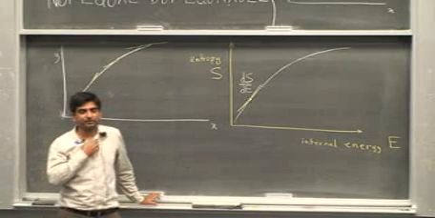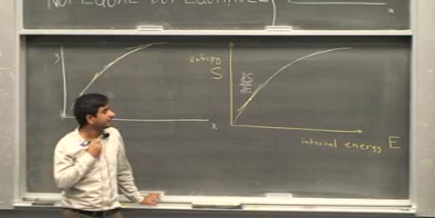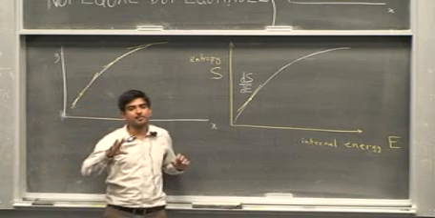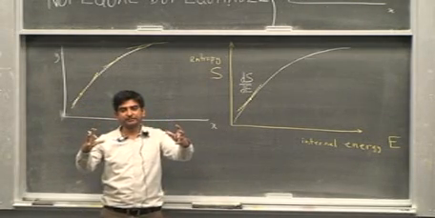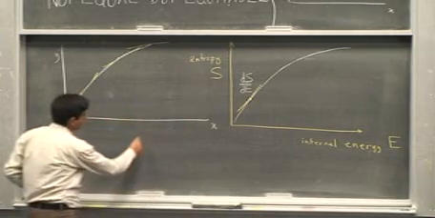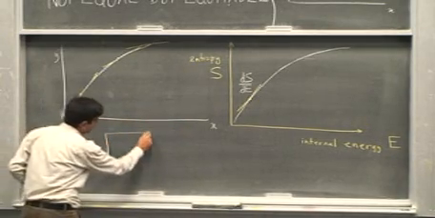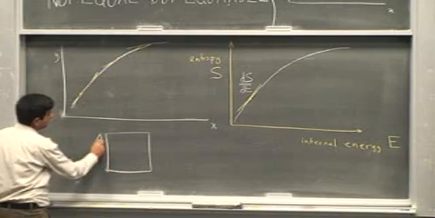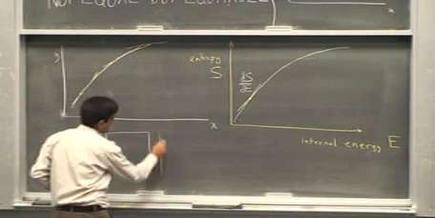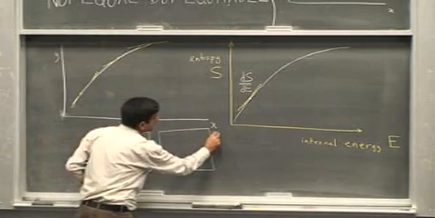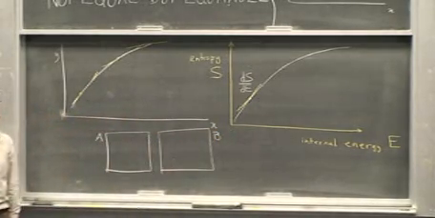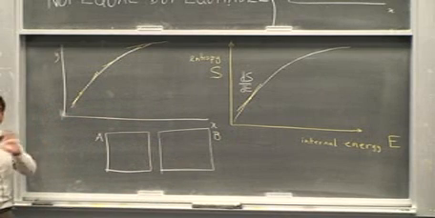Now let's suppose that there are two identical objects, A and B, and they are of the same mass, and they are identical, the same material.